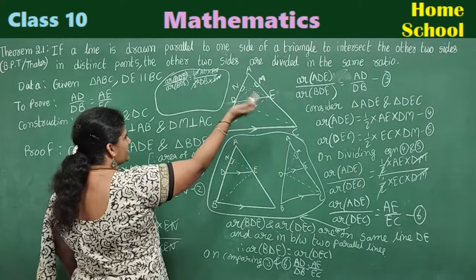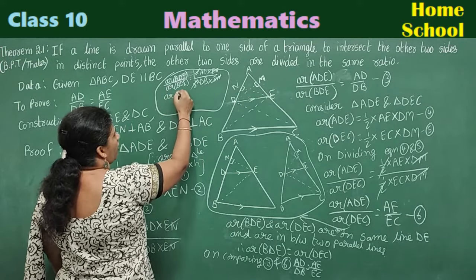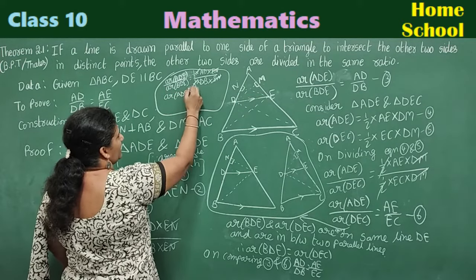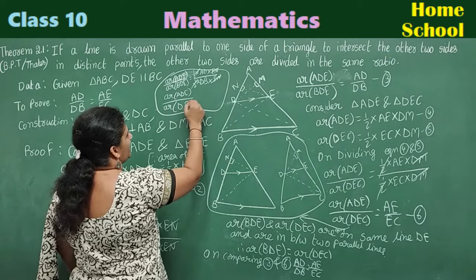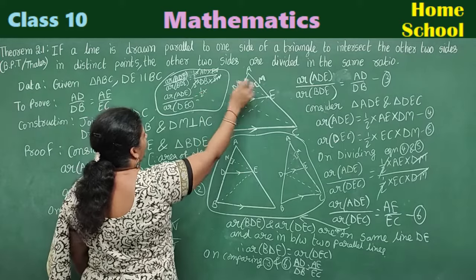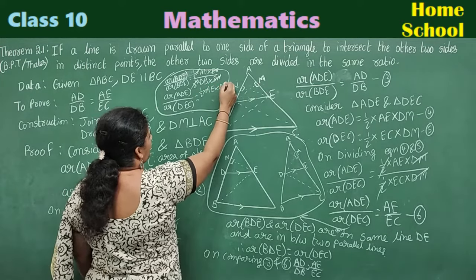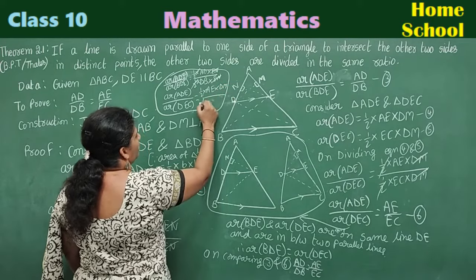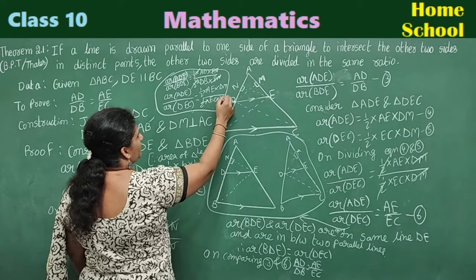Again, next ratio, consider this triangle and this triangle. Area of triangle ADE by area of triangle DEC is equal to half into base AE, height on this line is DM, by half into EC into DM.